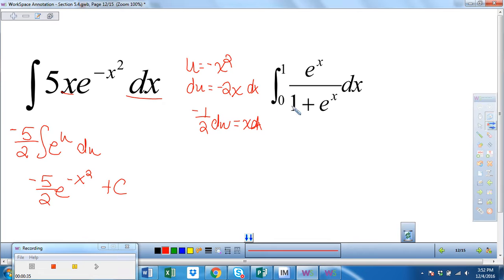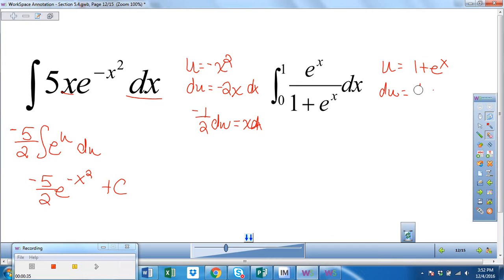Okay, so we're doing u substitution, and it's a definite integral. We're going to let u equal 1 plus e to the x this time, because we always want du to be in the numerator, and that's going to be important when we get to chapter 6 as well. So du is not equal to dx, you know that. du is equal to e to the x dx, which I have.